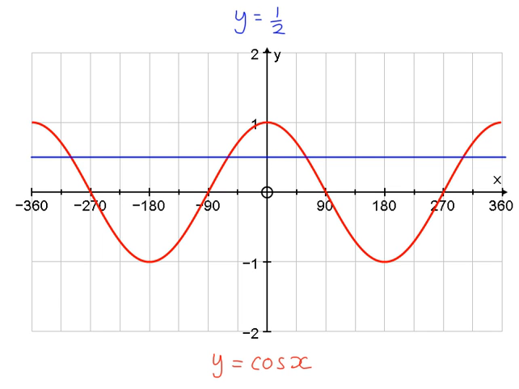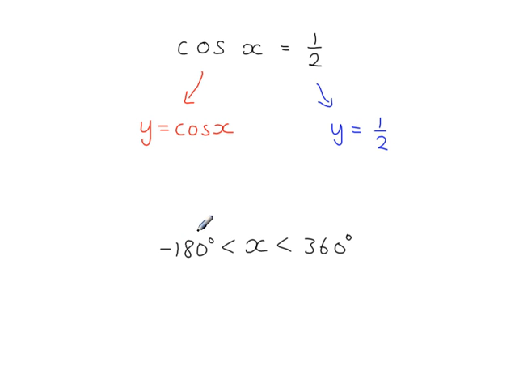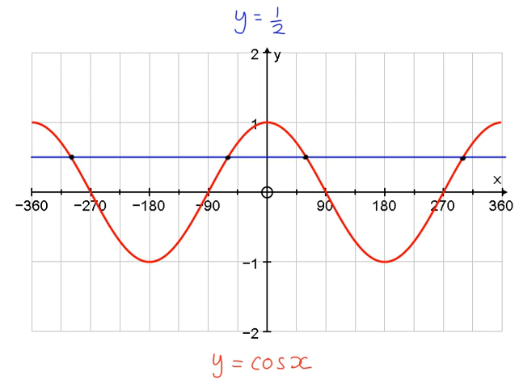And if we look at the points of intersection where they're both equal to each other, 1, 2, 3, 4, at 4 places they are equal to each other. Now we're only interested in those solutions which fall between minus 180 degrees and 360 degrees.